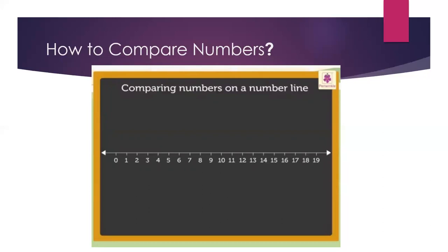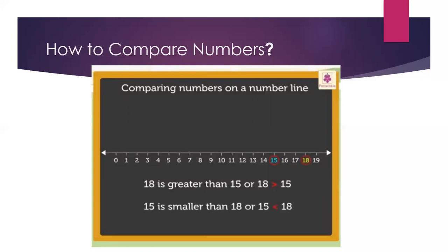Firstly, mark numbers 15 and 18 on a number line. On a number line, the number to the right is greater than the number on the left. So we say 18 is greater than 15 and write as shown. We could also say that 15 is smaller than 18 and write as shown.